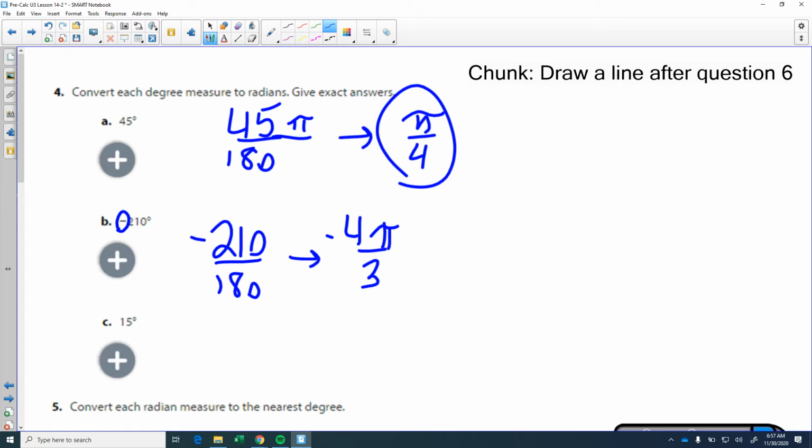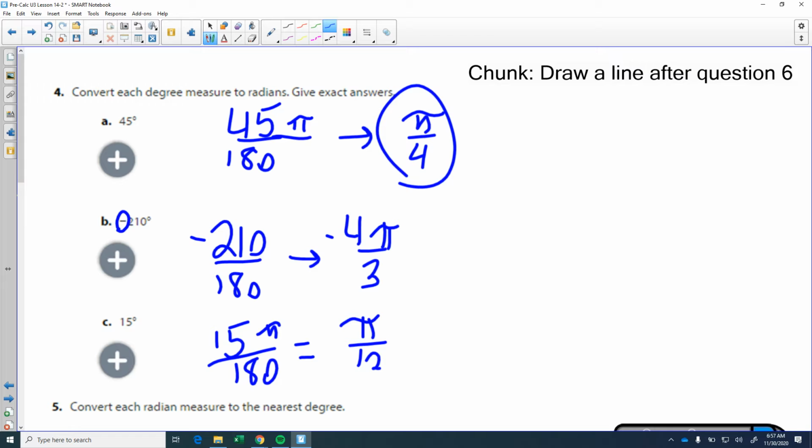I probably should put the negative 210 into there. And this value works consistently. The same thing here: if 15 degrees, I could take 15 pi over 180 and simplify that. 15 goes into 180, I believe, 12 times. This would come out to be pi over 12. So we can always convert into these values.